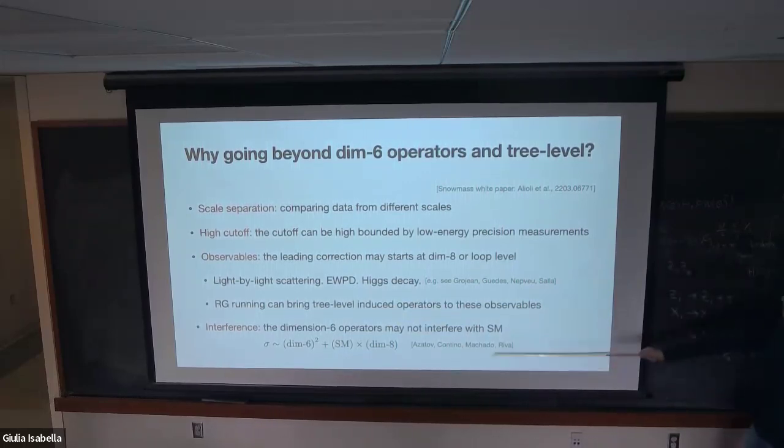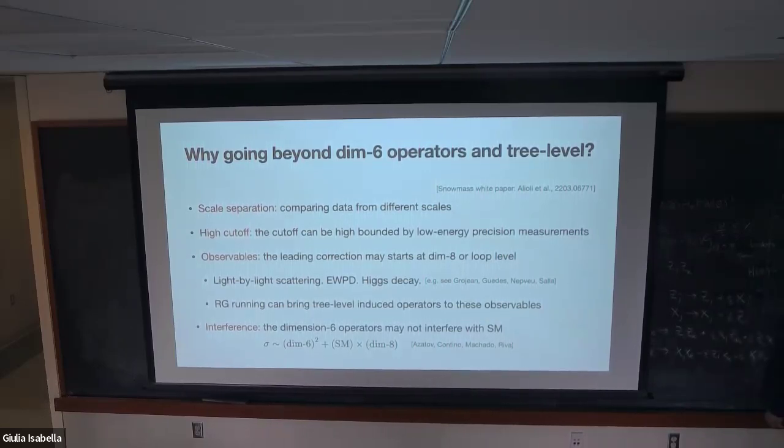Or when you study Higgs decay in a UV complete model, the Higgs to gamma gamma or to gluon gluon, these are loop level processes. So in that case, the corresponding loop induced operators can be contributed by tree level operators from other sources. And that's why you also want to consider RG.